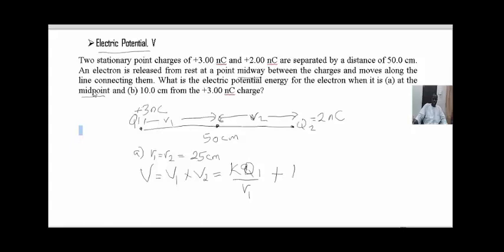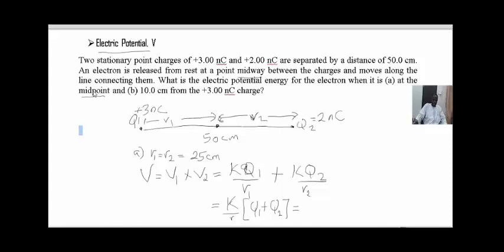We add it to K times charge 2 over the distance between the point and charge 2. At the midpoint, R1 equals R2 equals 25, so K over R times (Q1 plus Q2) will give us the total potential at the point, where R is our R1 or R2.